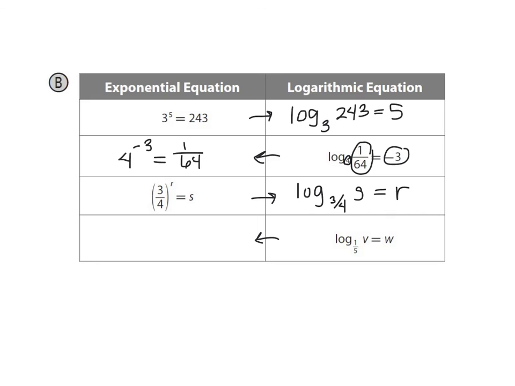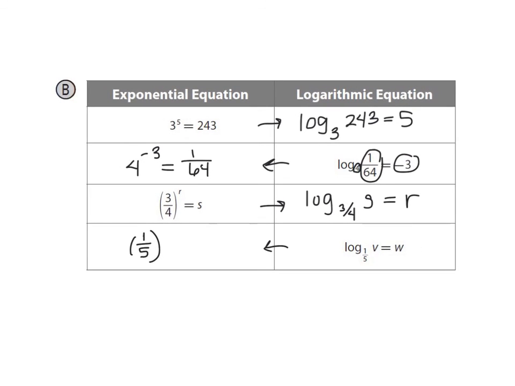I'll give you a minute to write it down as an exponential equation before I put the answer down. All right, check your answer. Did you have 1/5 to the W power equals V?